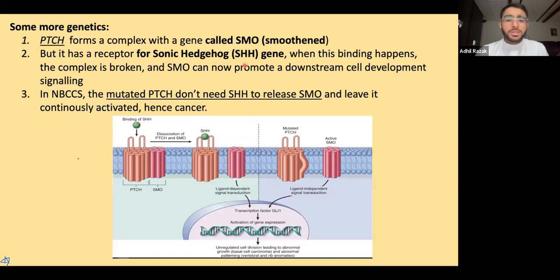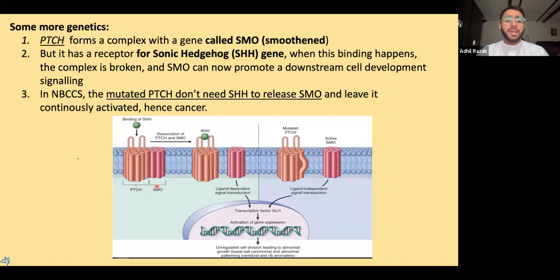So sonic hedgehog is pretty much a homewrecker. It destroys their family, and SMO takes advantage of that and goes out and starts activating gene expression, which results in unregulated cell division and abnormal cell growth, which is basal cell carcinoma.